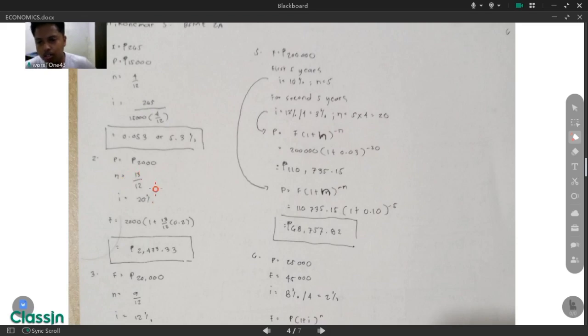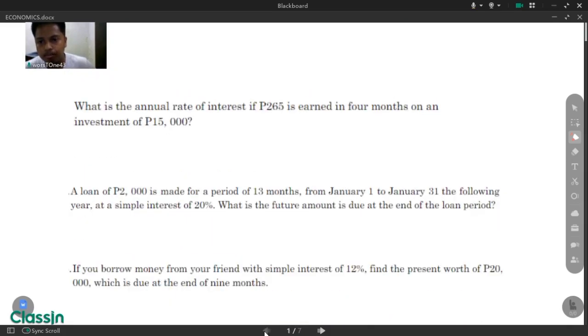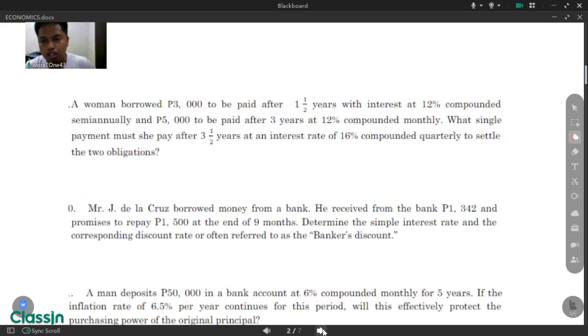So we have 13 over 12 since the date as stated is from January 1 to January 31, which is already 1 year and around 1 month. Every year we have 12 months, plus 1 since January 31 is stated, so we have 13 months over 12 months as our n. And the simple interest is 20%, or 0.2.